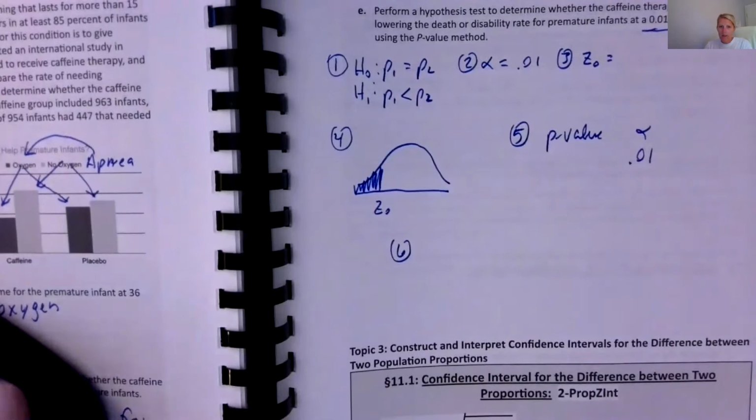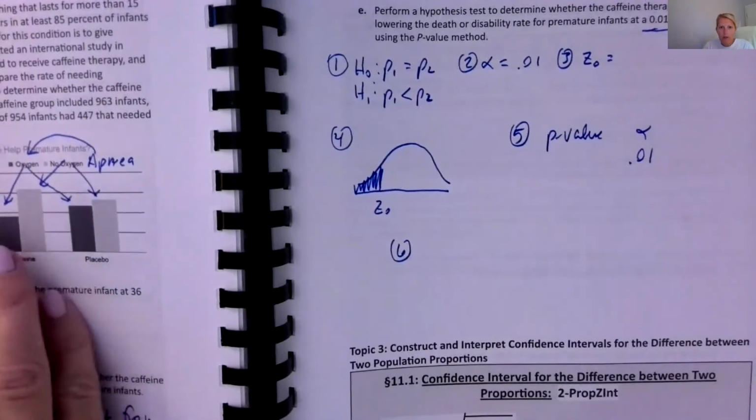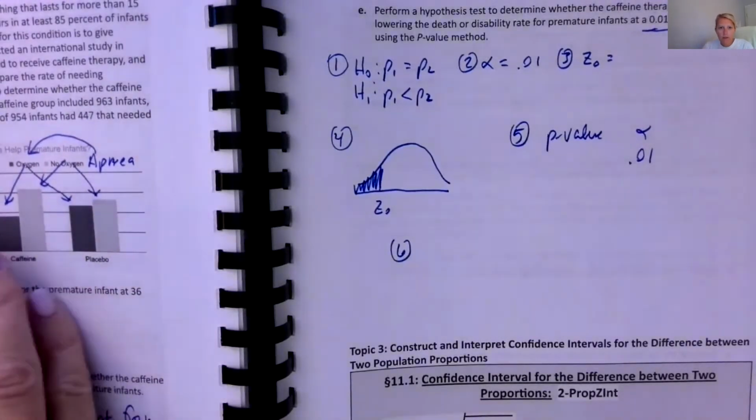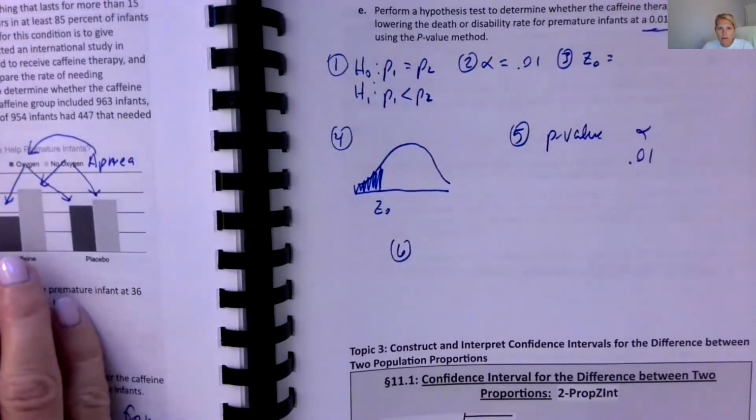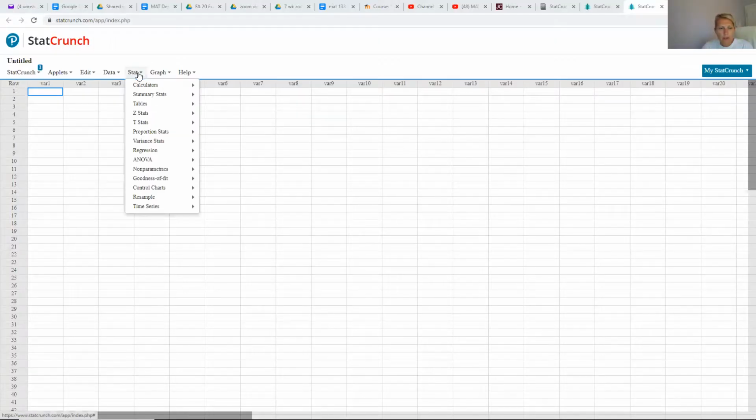So let's just go ahead and go to StatCrunch. And in StatCrunch, we're going to go to statistics, and we are going to go to proportion stats, and we are going to look at two sample.